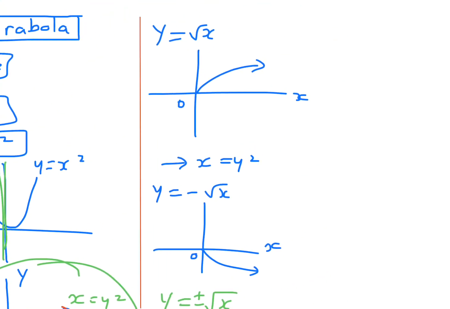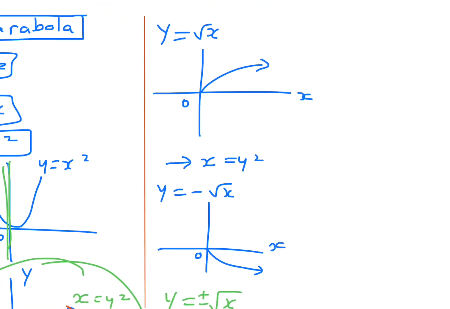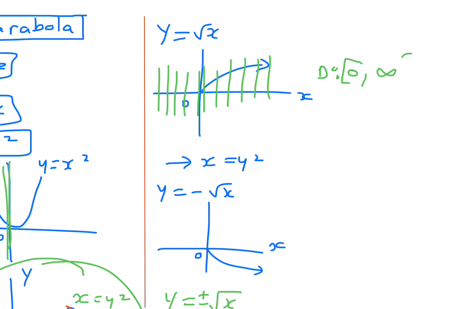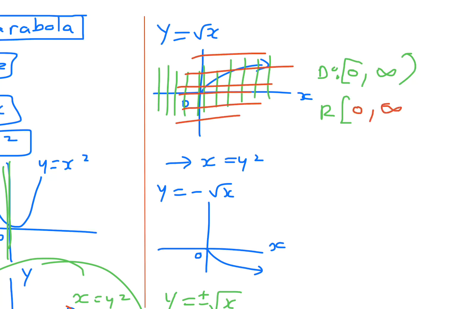So if you're then looking at the domain and range of these, the domain would be any value of x. Now, you can't have negatives, but you can have 0 and you can have positive x. So it's all of the x values from 0 up to infinity. And the range would be all of the y values from 0 to infinity.